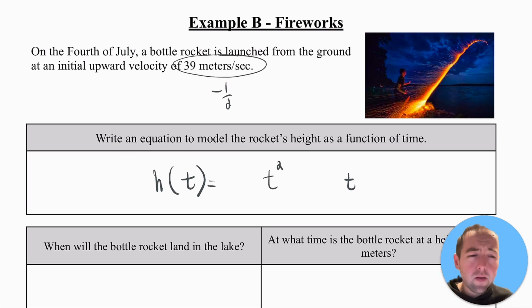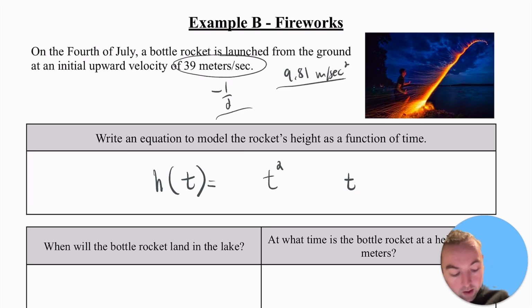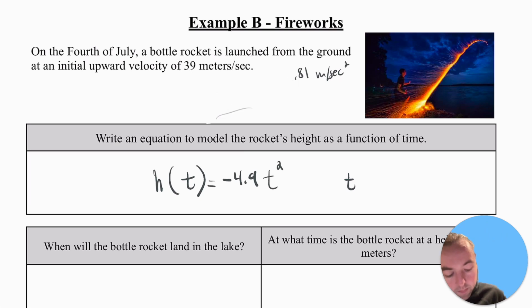Because this is in meters per second, back earlier in these notes, about 9.81 meters per second squared is gravitational acceleration. So when you do negative half of 9.8, it's about negative 4.9. So therefore, we do need negative 4.9 to be the coefficient of the t squared here.